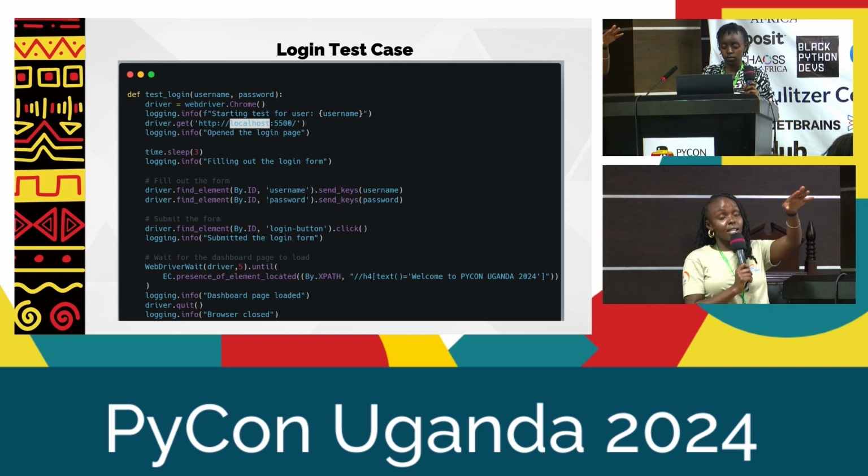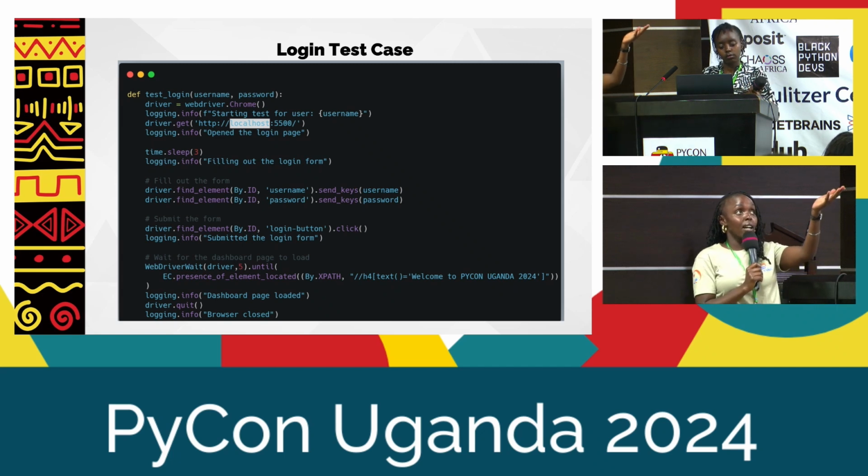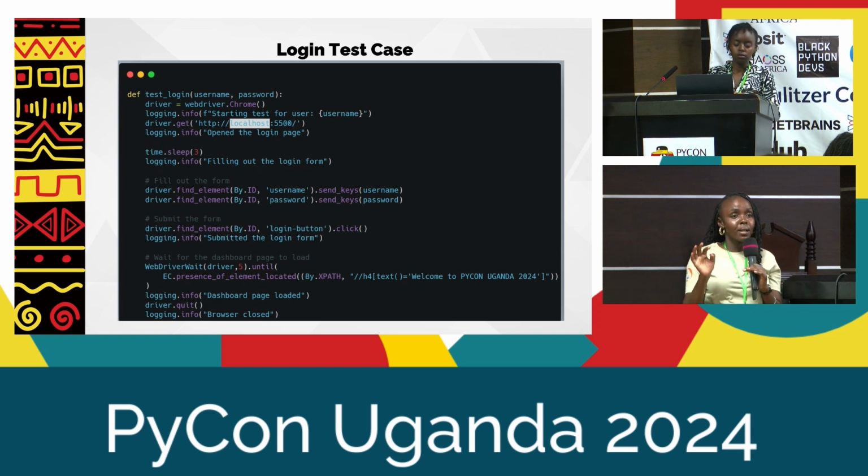And it's the same for password: you just send the keys, which types those keys. And once that is done, the next part is finding the element for login. If it's not code that you have written, you can just inspect in your browser and find that specific ID.